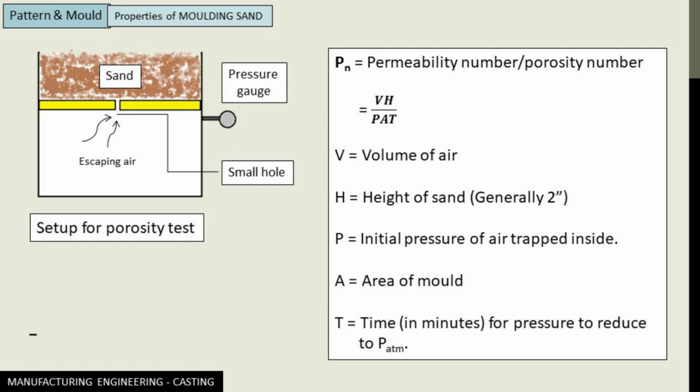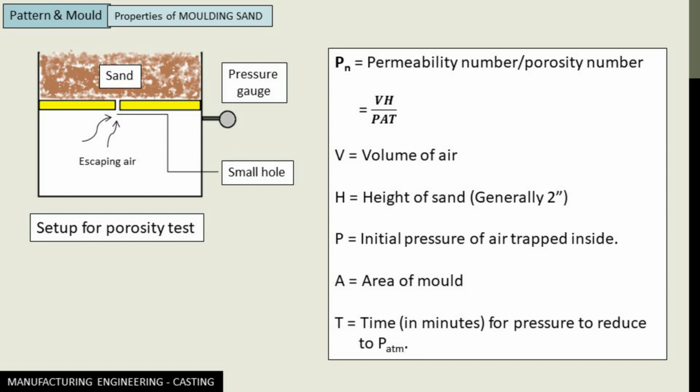We define an entity known as permeability number or porosity number, which is given by this formula, VH by PAT, where V is the volume of the air or the gas that is entrapped in the flask. H is the height of the sand, which is generally 2 inches. P is the initial pressure of the air inside, and A is the area of the mold.